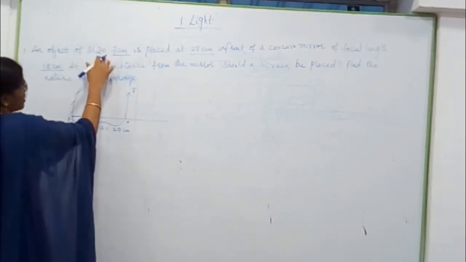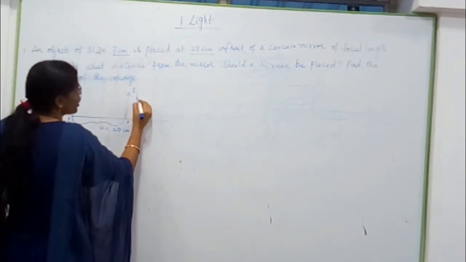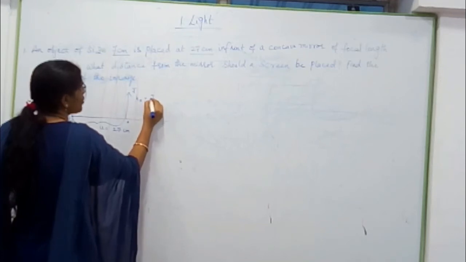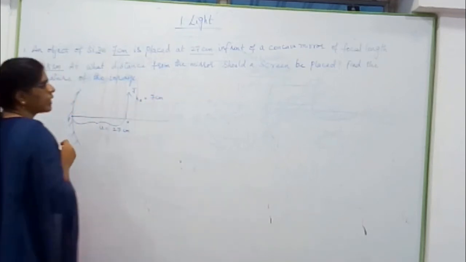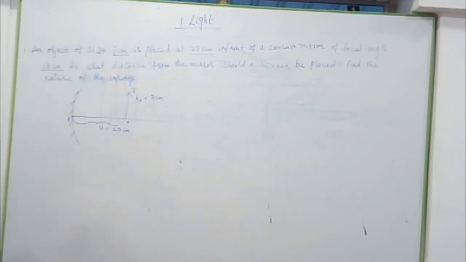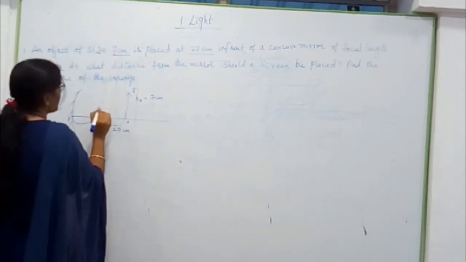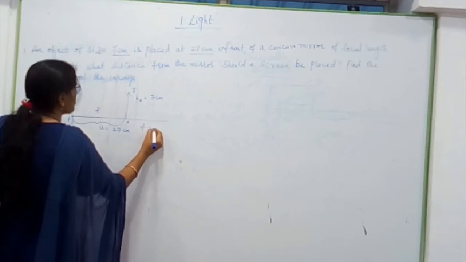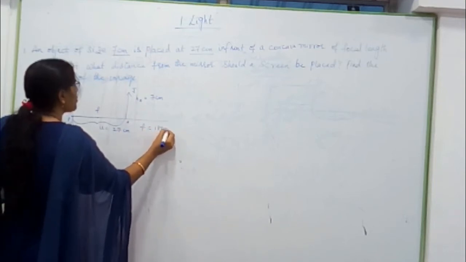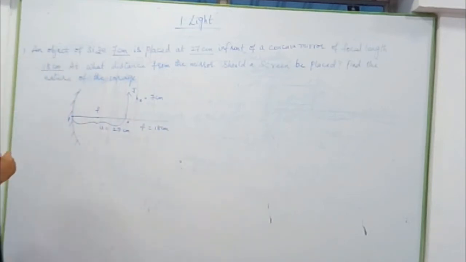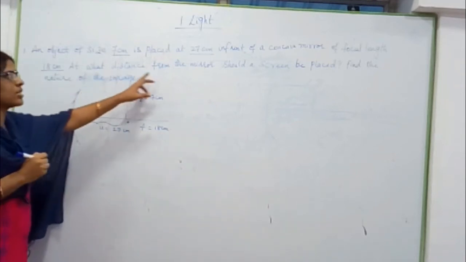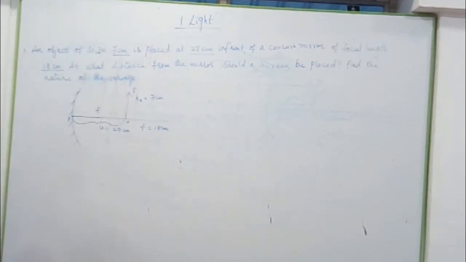Height of the object Ho is 7 centimeters. The focal length of the mirror F is given as 18 centimeters. Now we need to find at what distance from the mirror a screen should be placed.